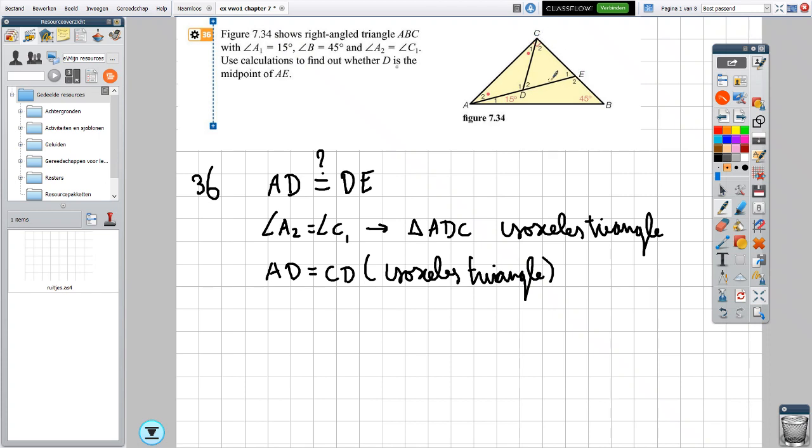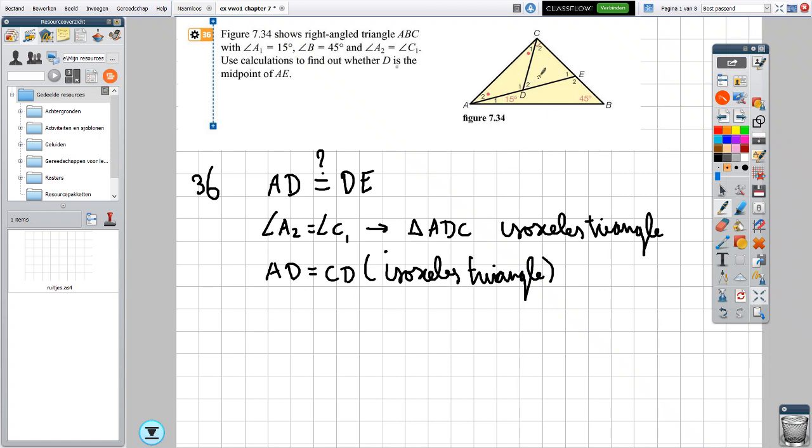And if AD is the same as CD is the same as ED, that means that this must be the midpoint of line AE. How can I find that? Well, if I can just show you that CDE is an equilateral triangle, then I'm done.